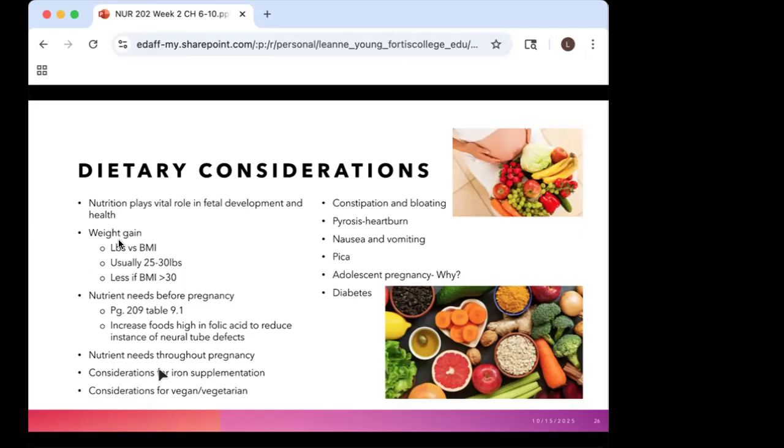You're also going to want to talk to them about their nutrient needs throughout pregnancy, their calorie intake, and increasing these things during pregnancy. A woman's calorie intake does need to be increased, and food intake can be increased. Healthy food intake should be increased.